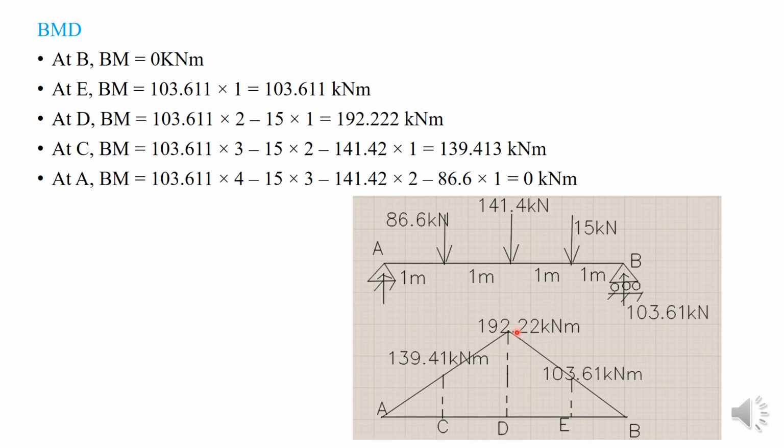So that is 192.22 kilonewton meter here. Then at this point we have RB into 3 minus 15 into 2 minus 141.4 into 1, and that will be 139.41 kilonewton meters. Then the moment about A will be 0. So this is the bending moment diagram for this particular problem. Okay.